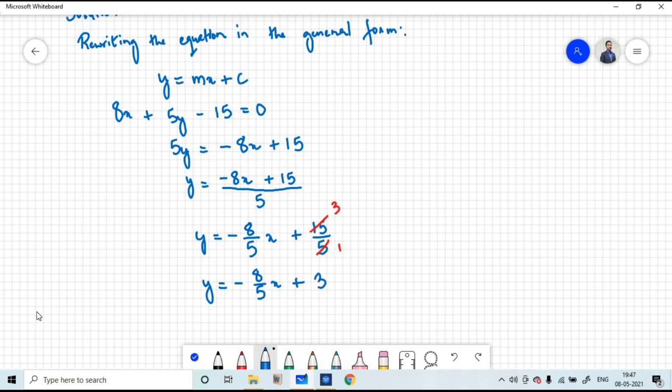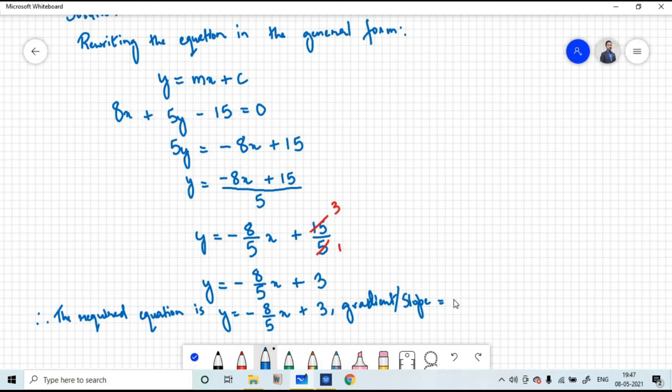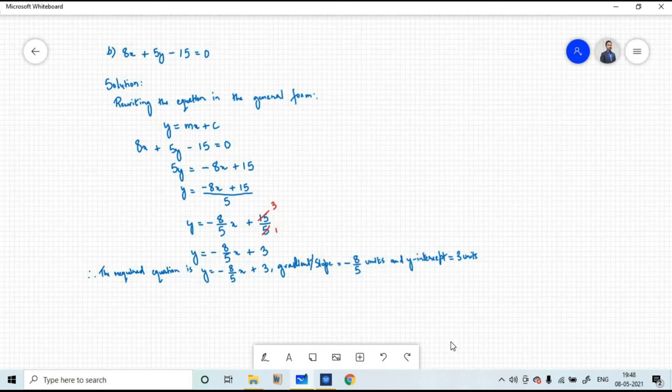Therefore, the required equation is y equals minus 8 by 5x plus 3. Also, gradient or slope is equal to minus 8 by 5 units, and y-intercept equals 3 units. So this is the solution to problem B.